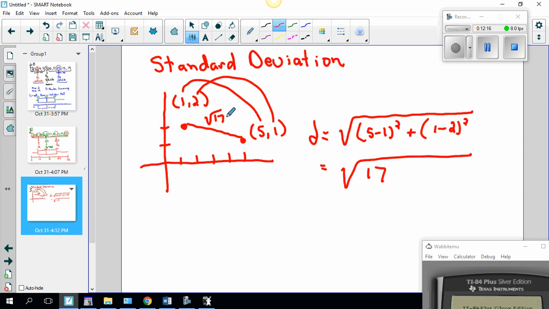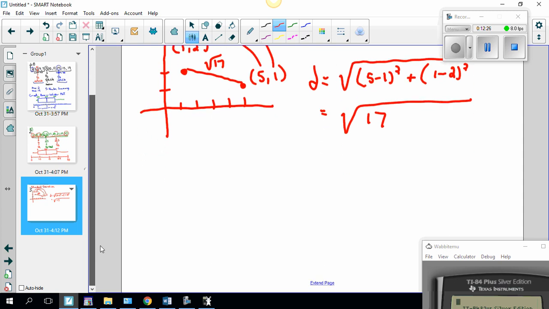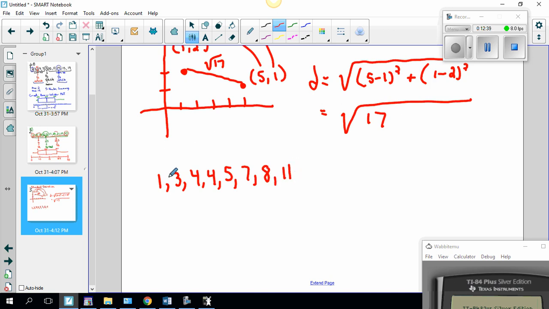I like the process. What I need to do, though, if I'm going to teach this, is come up with a really good problem that has a really good mean or average. So what we're going to go with is 10 numbers. So like 1, 3, 4, 4, 5, 7, 8, 11, 12, mystery number.